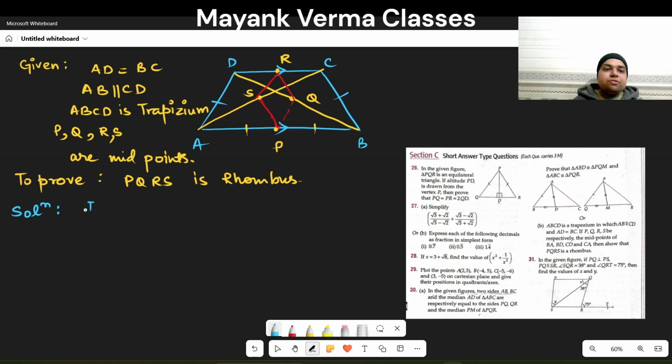So in triangle DCB and triangle ACB, I can say that R and Q are midpoints. Also, this S and P are midpoints.